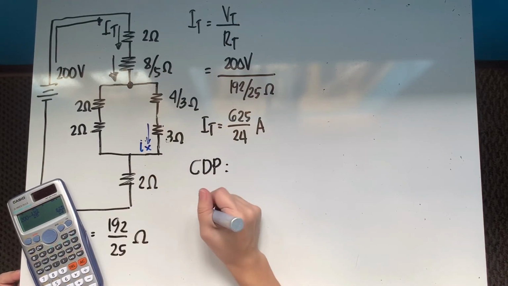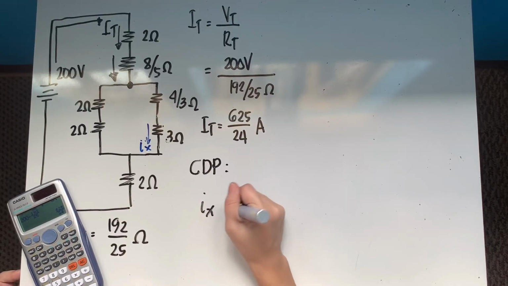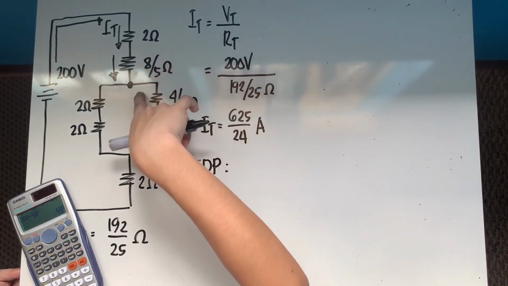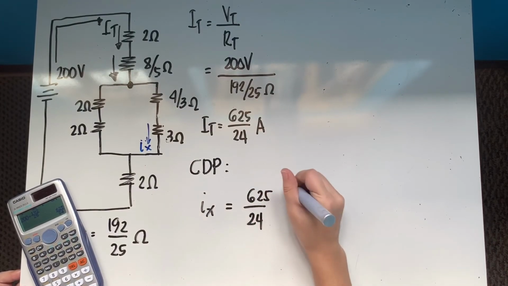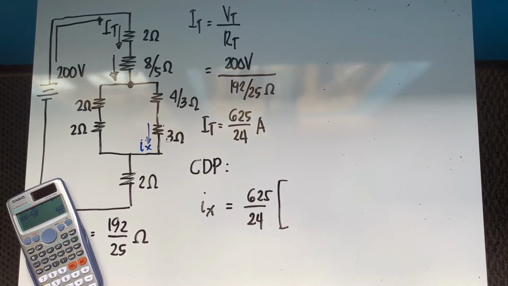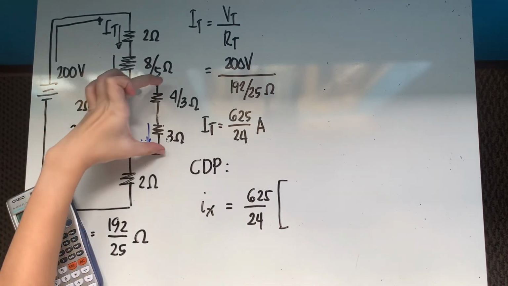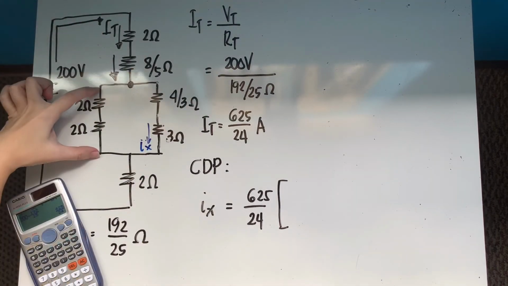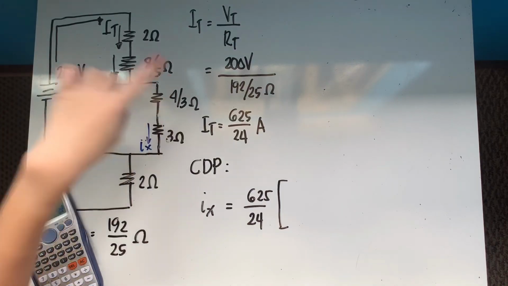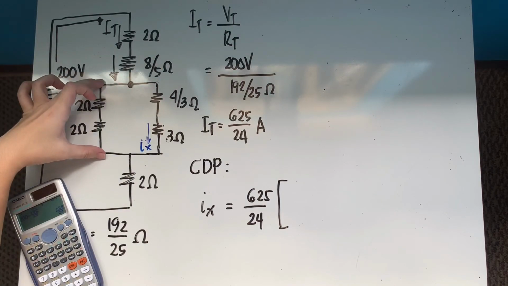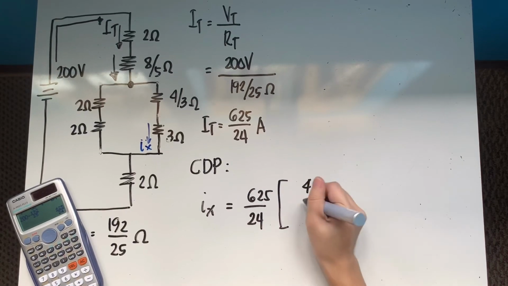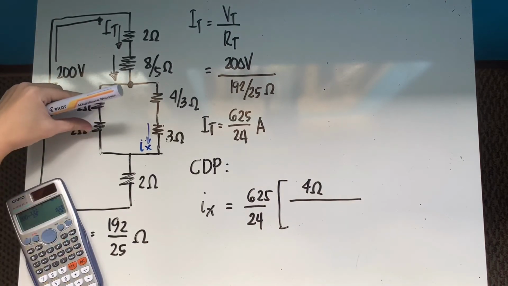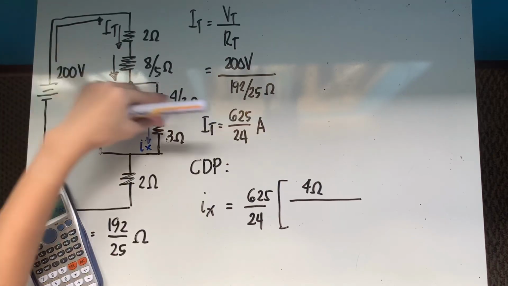Tama ba? So, if we solve for Ix, that would be the total current that enters the junction, that's 625 over 24, multiplied by, ano sabi natin pag CDP? Kapag dito ka kukuha ng current, yung resistance sa kabila, yung magiging numerator mo. So, yung kabilang branch mo, ang total resistance ng branch na to would be 4 ohms divided by the sum of the resistance of both branches.